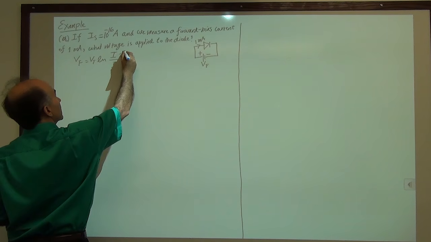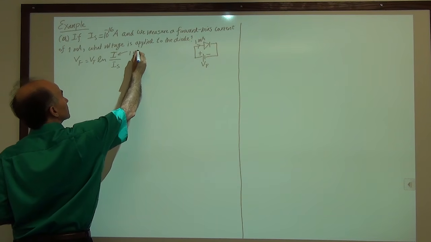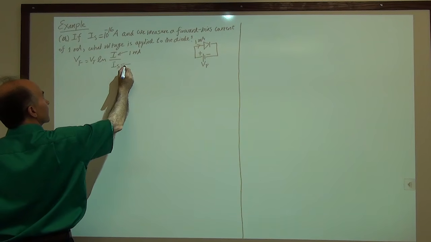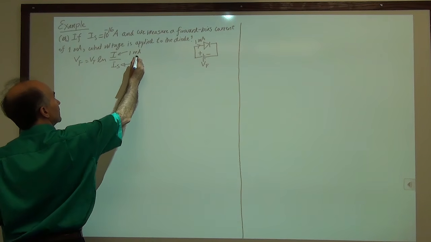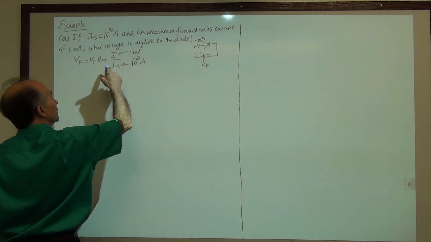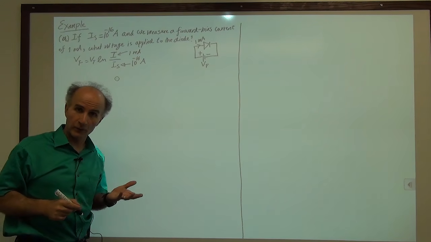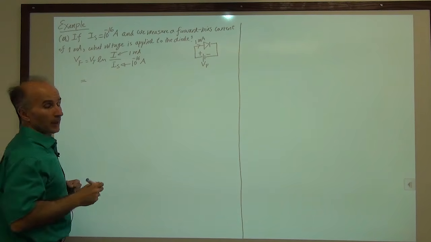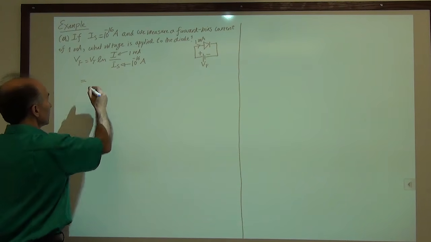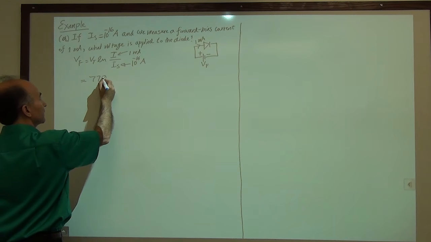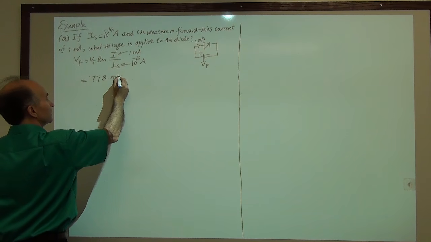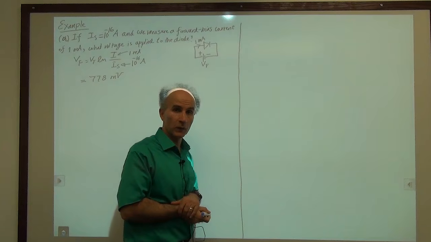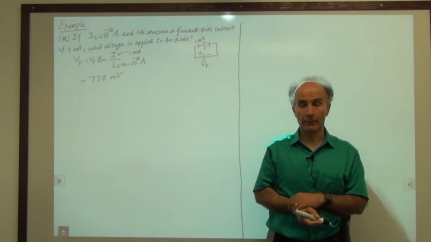And I is 1 milliamp, and Is is 10 to the minus 16 amperes. Vt is 26 millivolts at room temperature. So that will give us approximately 778 millivolts. All right, so that's the amount of voltage we need to apply to obtain that amount of current.